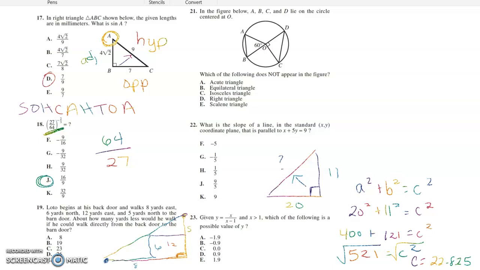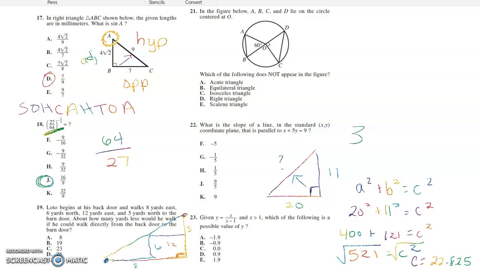So that's the distance here, but that's not what it's asking. It's wanting us to know how many yards less, right? So there's a difference factor here. What was the total length he walked the first time? He went 8 plus 6 plus 12 plus 5, right? So he walked 31 yards.